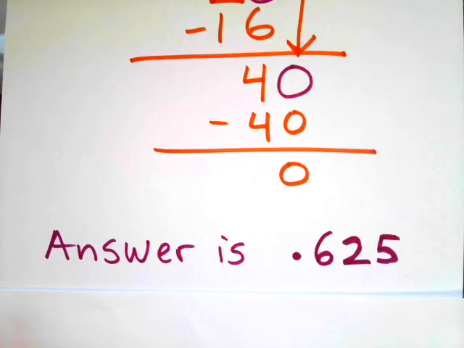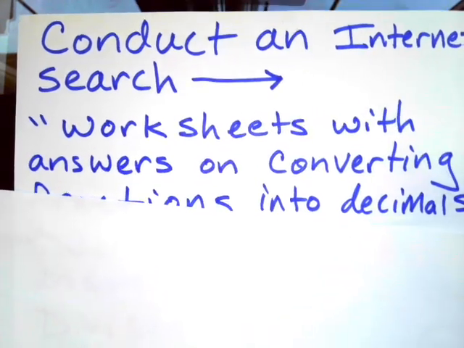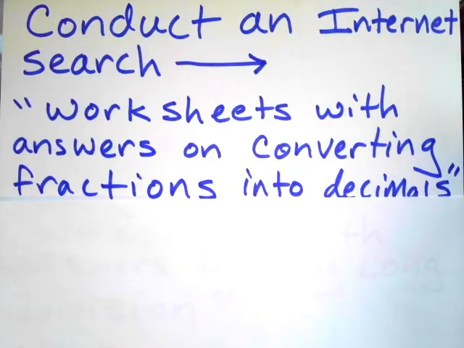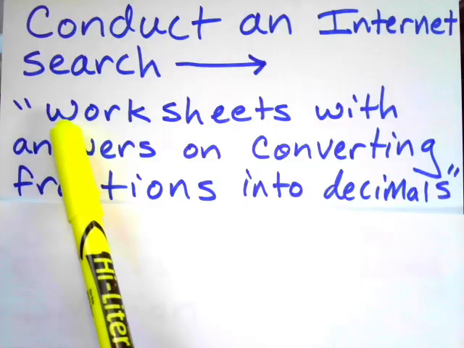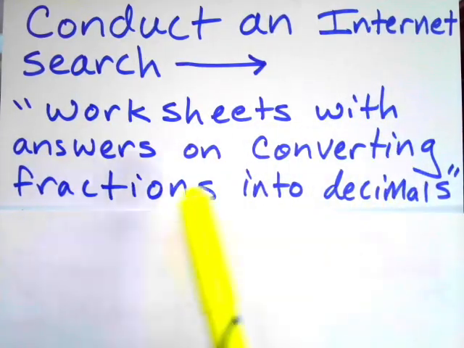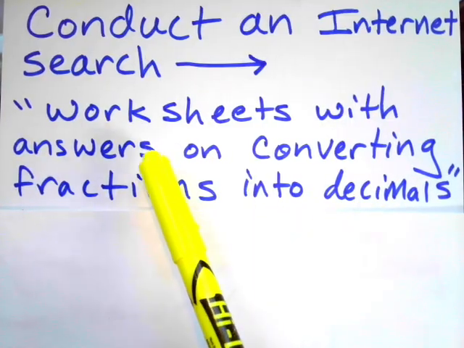Now, what I'd like to do is introduce to you some of the ways that you could practice this skill. You want to conduct an internet search using the following: worksheets with answers on converting fractions into decimals. You want the answers because you need to know if you're doing it right or wrong.